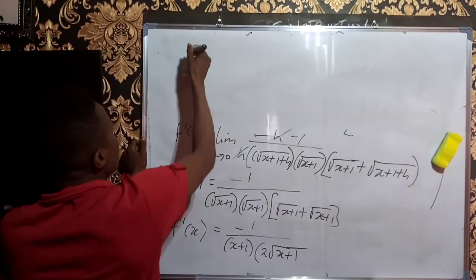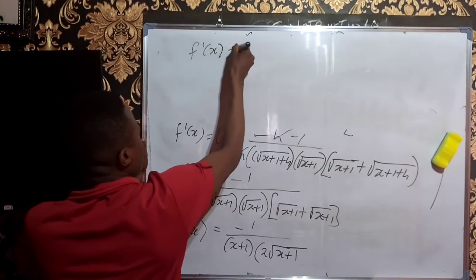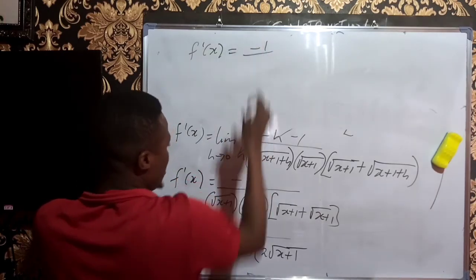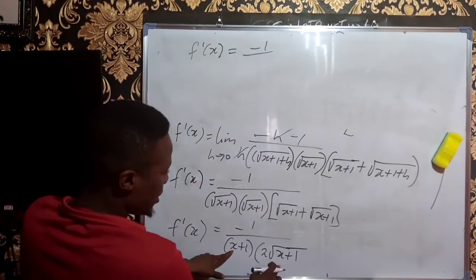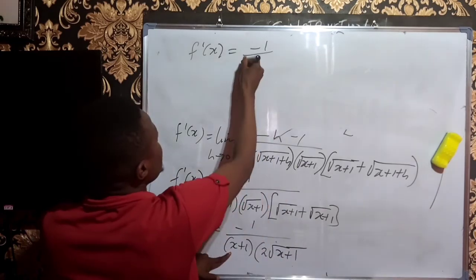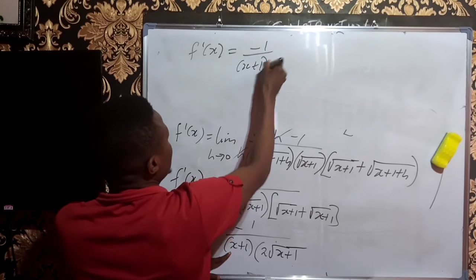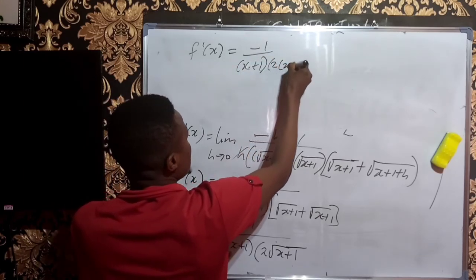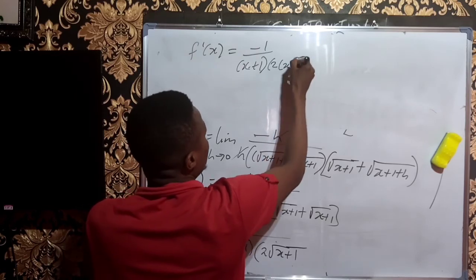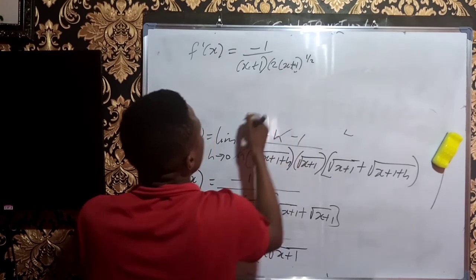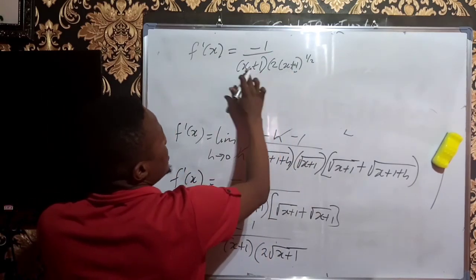So finally, f prime of x will give us this times this, minus 1 over, from the laws of indices, they have the same base and the power of this one here is just like half. So I can call it x plus 1 into 2 bracket x plus 1 power of half. Since their bases are the same thing, add their power.